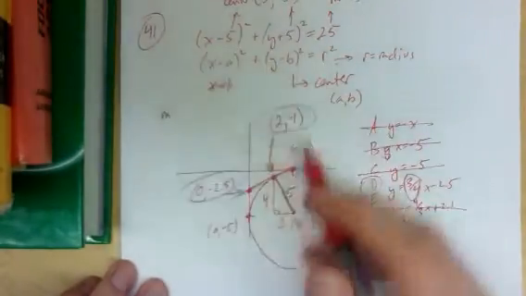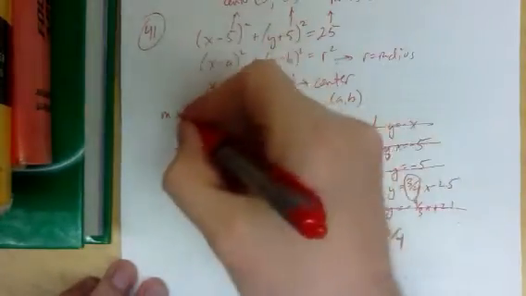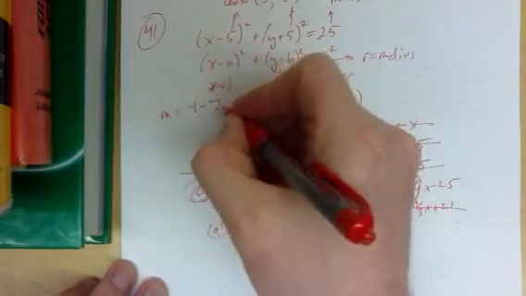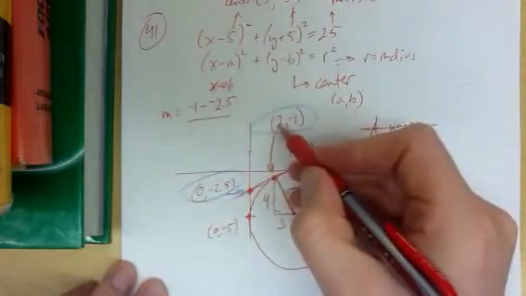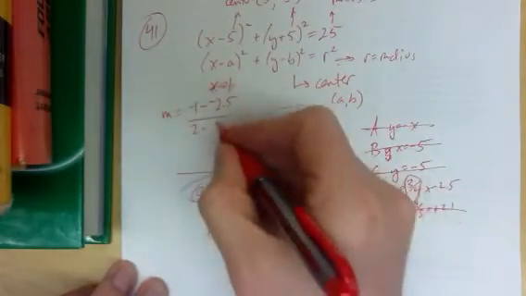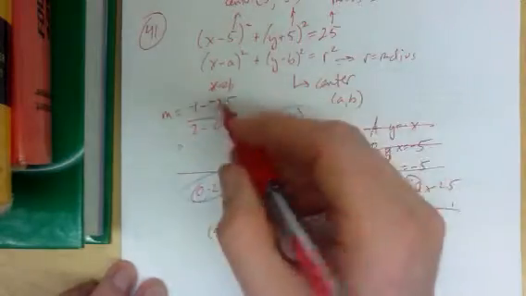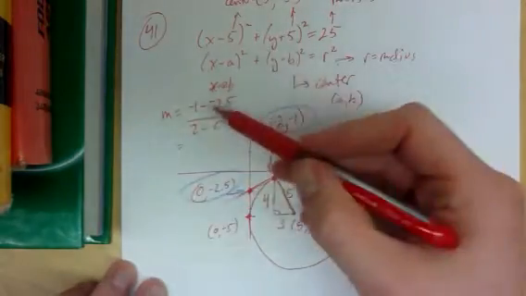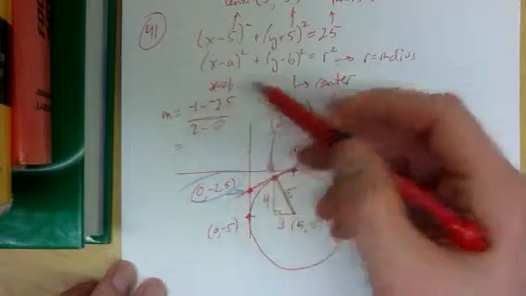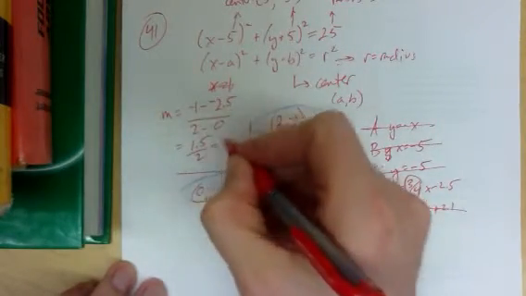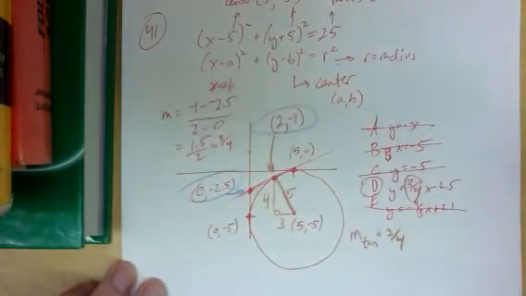So the slope of the line containing those two blue points would be (-1 - (-2.5)) / (2 - 0). So -1 minus -2.5 is -1 + 2.5, which is 1.5, divided by 2, which is 3/4.